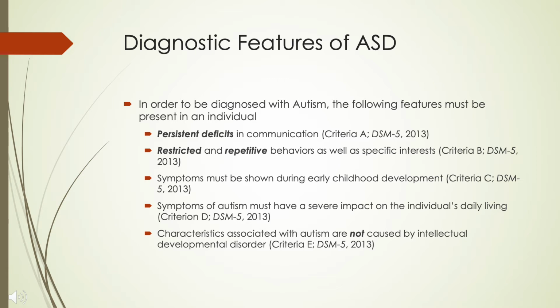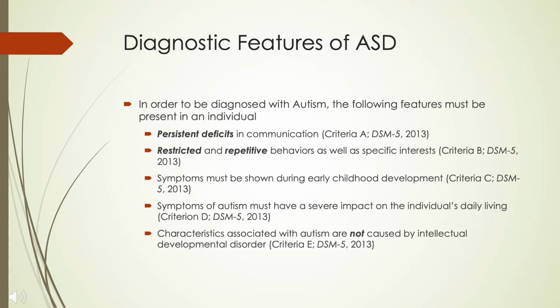The fourth criteria necessary for the diagnosis of autism is specific symptoms must have a serious impact on the individual's daily living functions and activities, such as his or her education, social life, and or career.